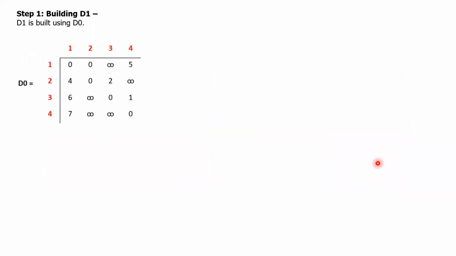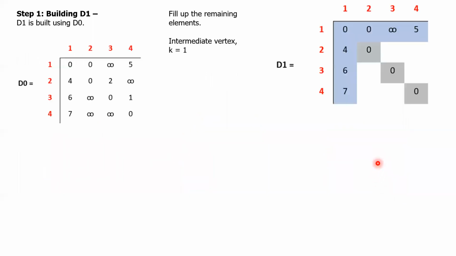So this was D0 till now. Whatever we have filled up, this is your D1 matrix. I have filled row 1 and column 1 directly from D0. Then I have also filled the diagonal values with zeros. Then the remaining values I'll have to fill up.